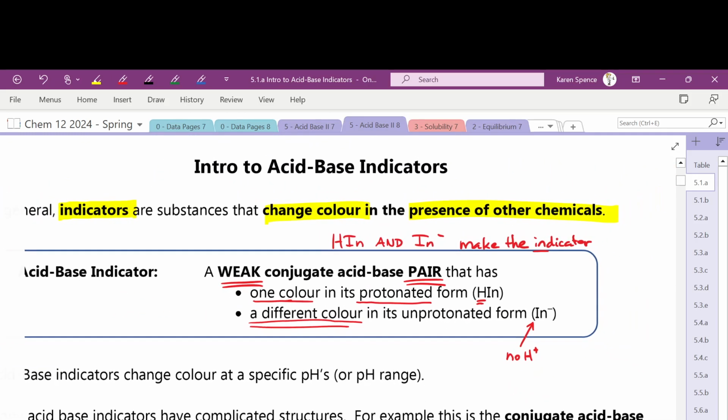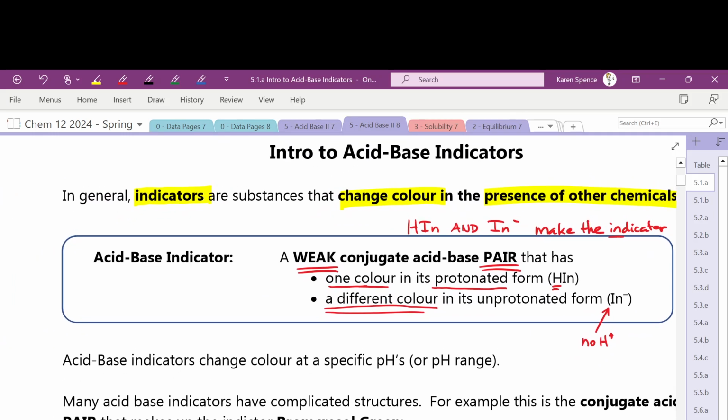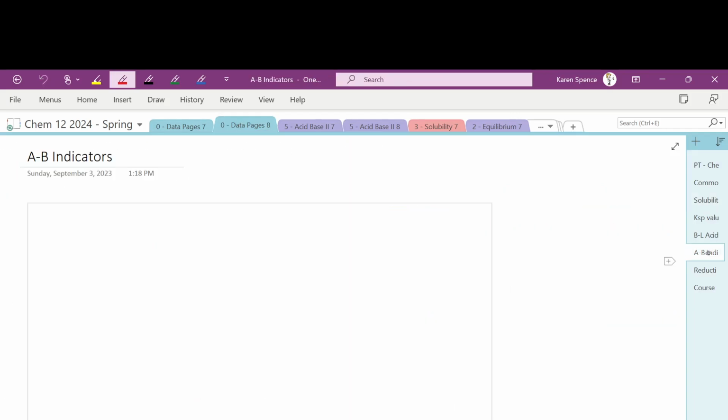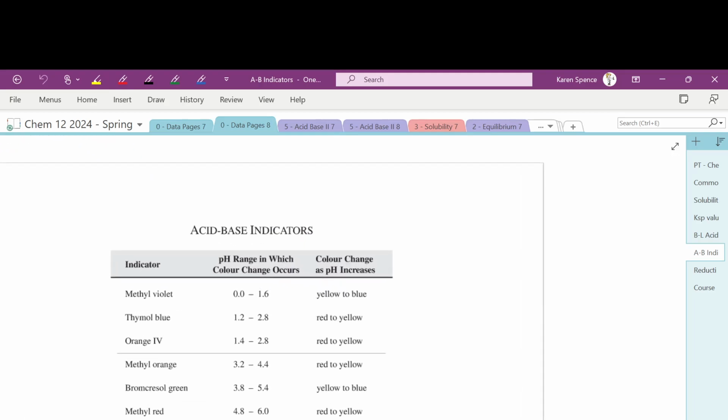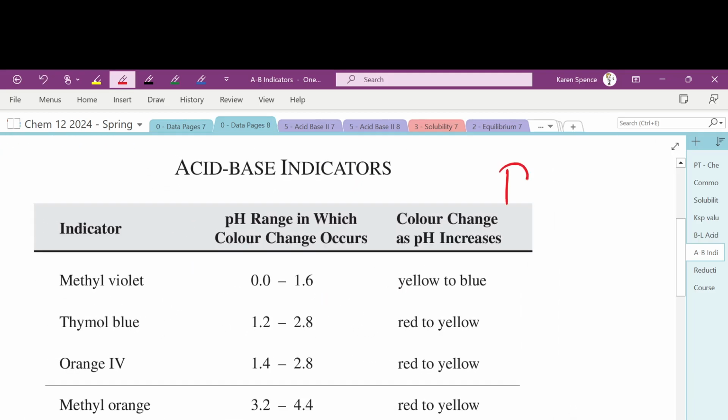Now, every different indicator changes color at specific pHs or pH ranges. Okay? And in fact, if you would like to get out your data booklet and go to page 7, you can see that each indicator will change color between a certain pH range.